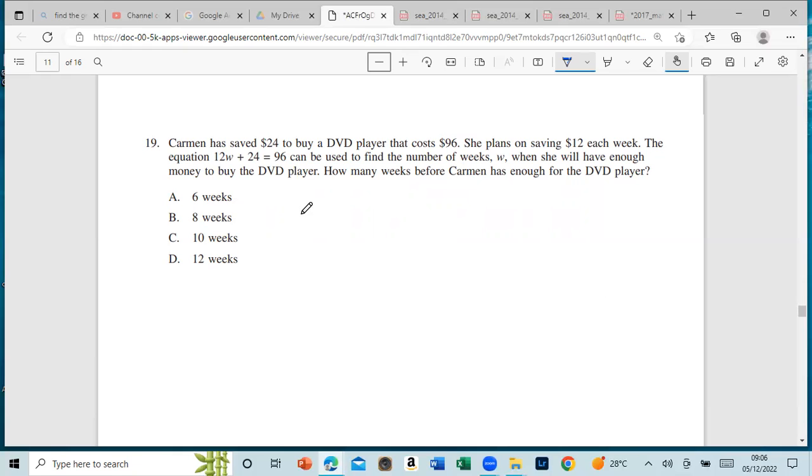So let's solve it and see. So 12x, sorry, I don't know what's happening here. Alright, so let's see now. 12x. So that's 96 minus 24.